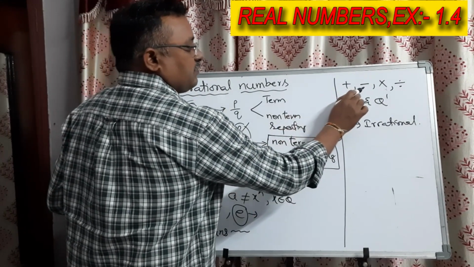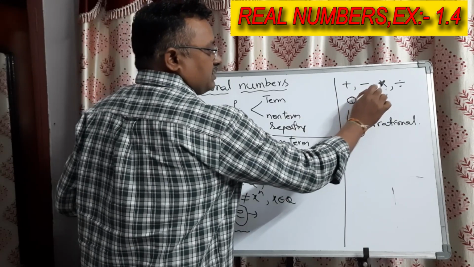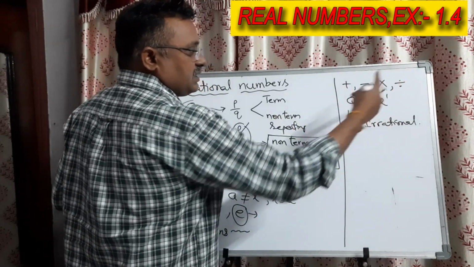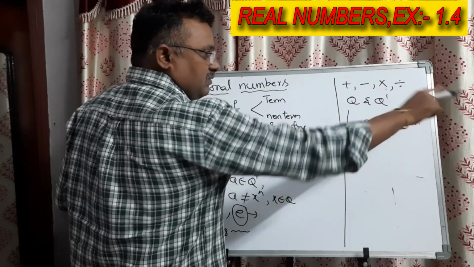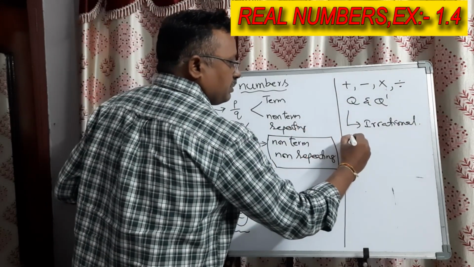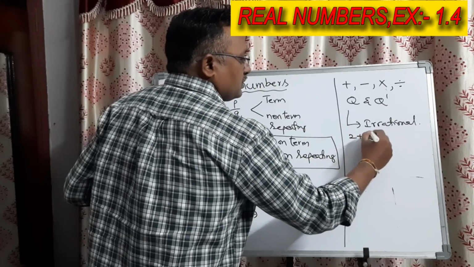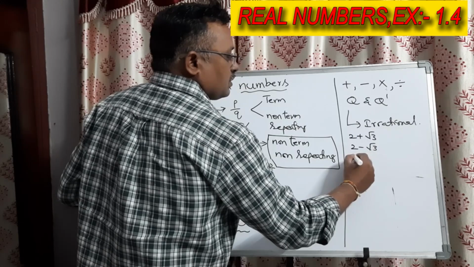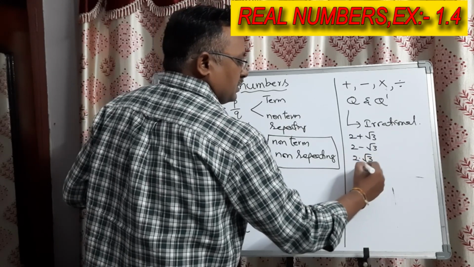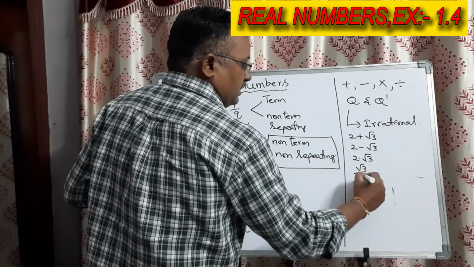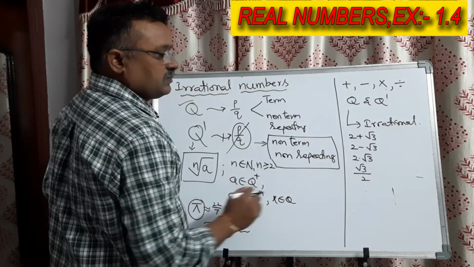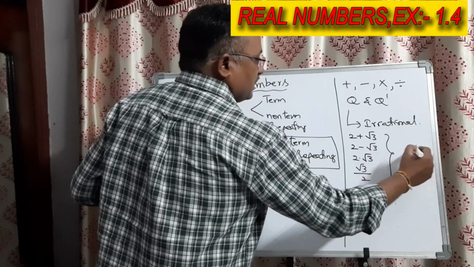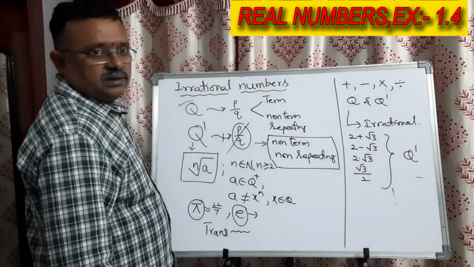Simple examples: 2 plus root 3, 2 minus root 3, 2 into root 3, root 3 by 2. These all belong to Q dash, irrational numbers.